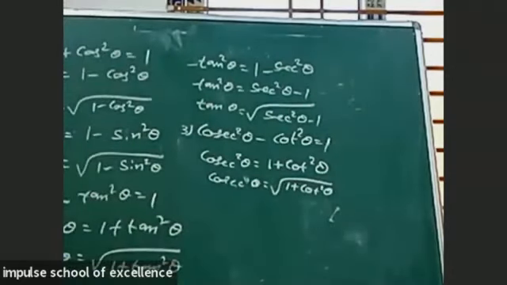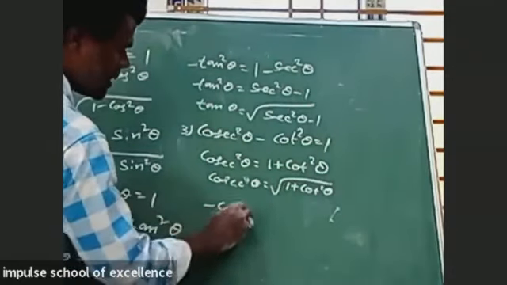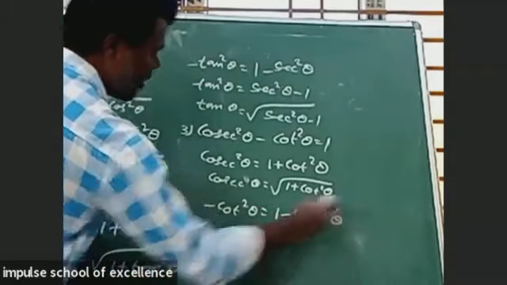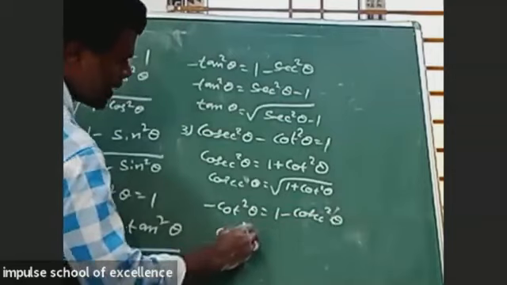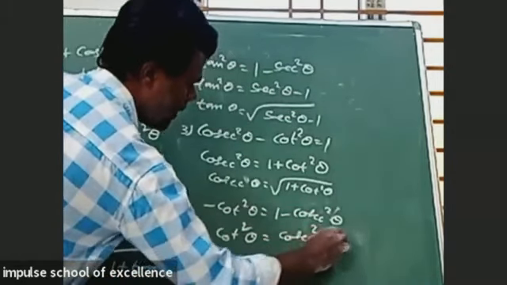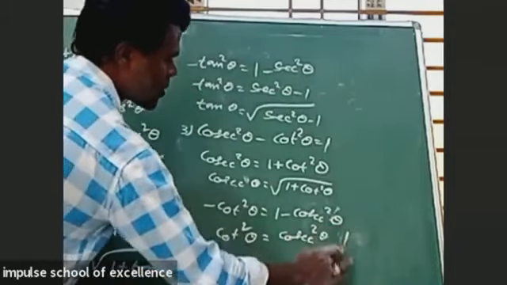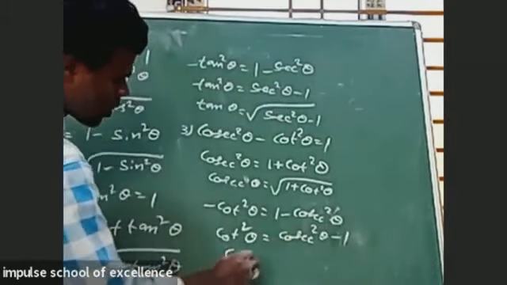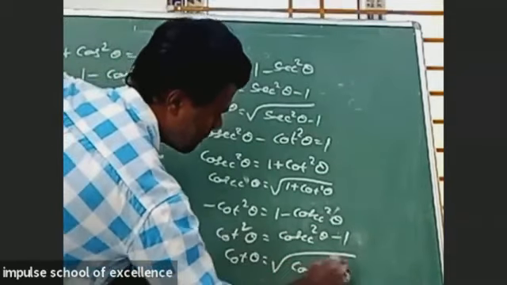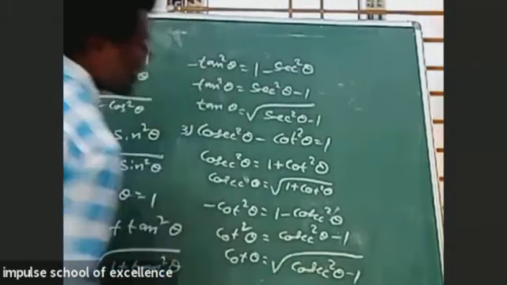In the same way, we have minus cot square theta is equal to 1 minus cosec square theta. Multiplying with minus, cot square theta is equal to cosec square theta minus 1. So cot theta is equal to square root of cosec square theta minus 1.